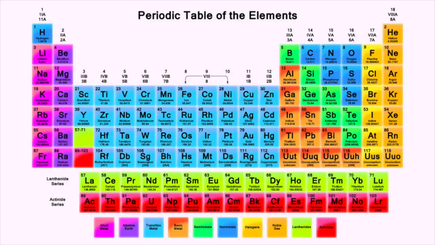This property is true for every group in groups 1, 2, and 13 through 18. Groups 3 through 12 are known as the transition metals. In some cases, if you go from top to bottom, they do have the same number of valence electrons, but it's not always true.